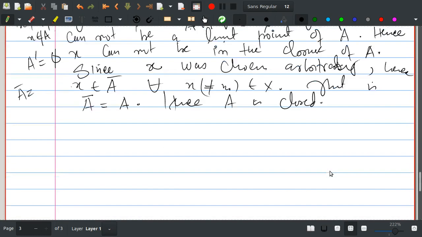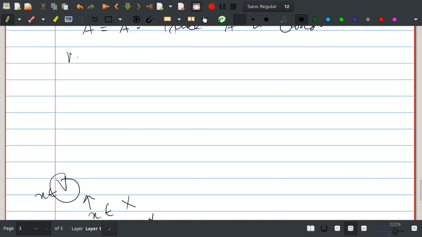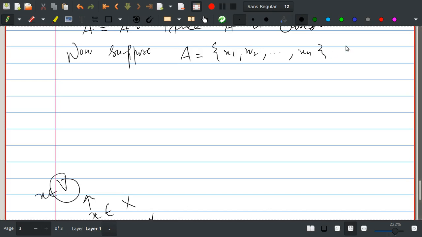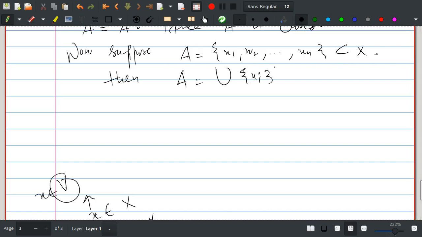Now suppose A is a finite set, say {x1, x2, through xn}, so it's a finite subset of X. Now what we had to prove? We had to prove A is closed. Then we can write A as a union of singletons, where i runs from 1 to n.